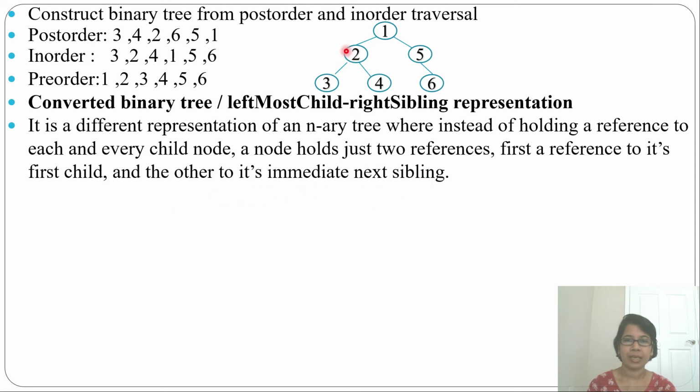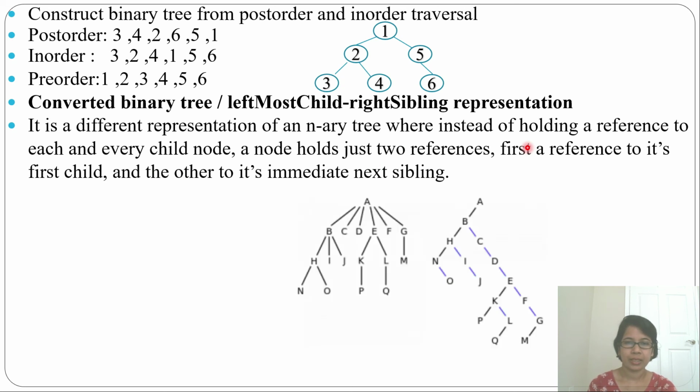In a binary tree, the root holds references to its left child and right child. But here it will just keep information of its left child and its right sibling. Just see, suppose this is an N-ary tree. How will it be stored in leftmost child, right sibling representation?